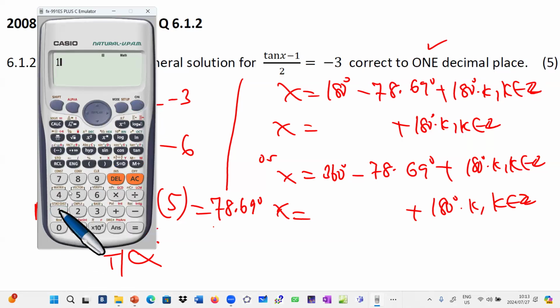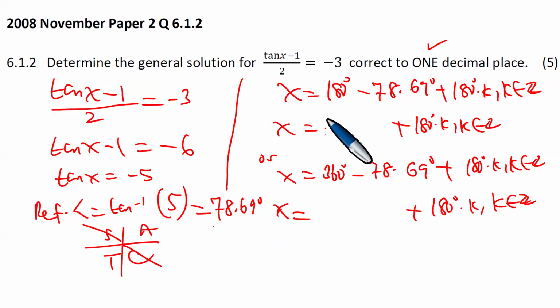So now we have 180 minus 78.69, which is 101.31 degrees.